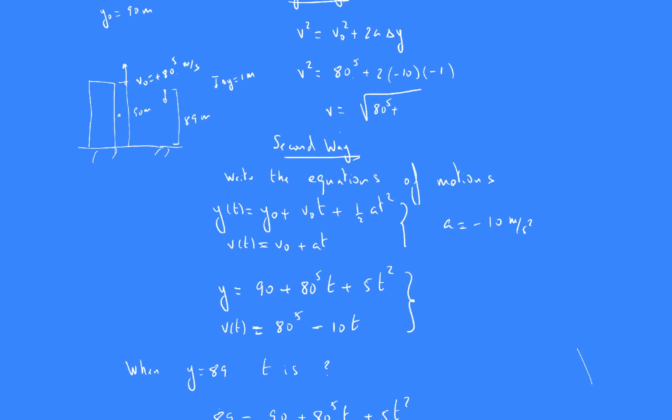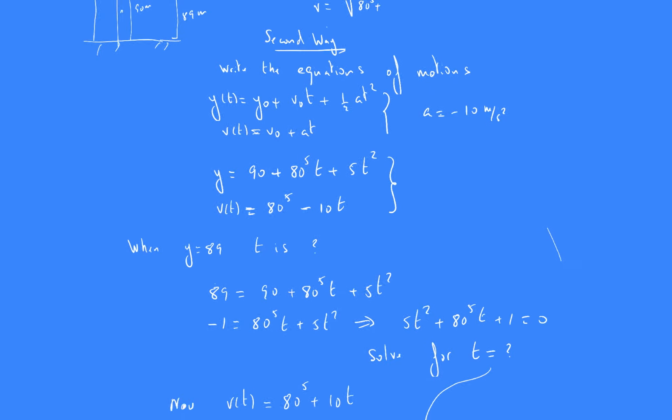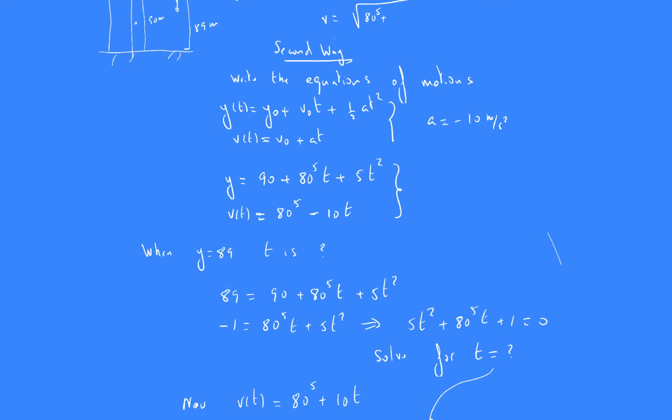Now the problem says when y is 89, at what time does this happen? How long does it take for the object to be at the position y equals 89? So you put 89 here. The y is 89, and you solve it.